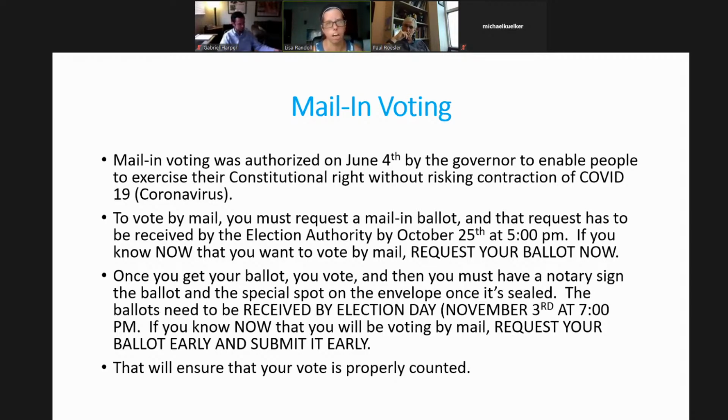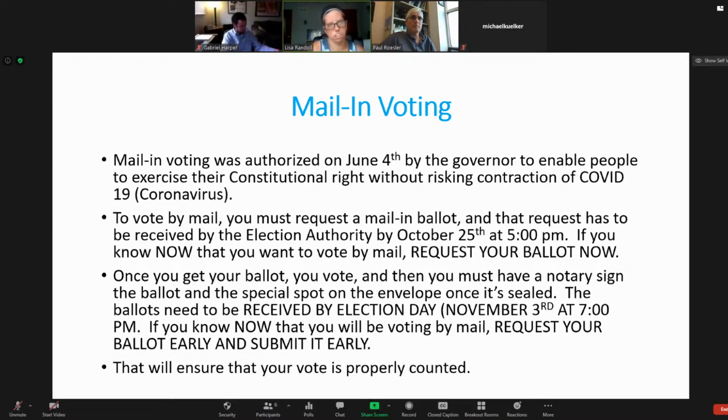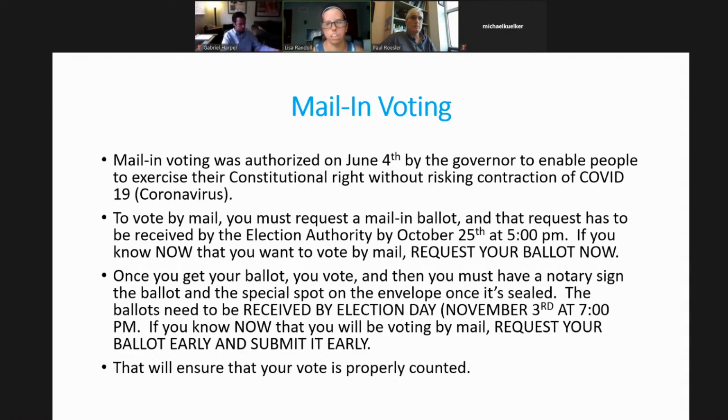Procrastination is always bad, but in this situation is particularly bad because the sooner you can vote, the more sure you can be that your vote gets to the election authority by election day's vote tally. Once you get your mail-in ballot, you vote, and then you must have a notary sign your ballot and sign the envelope. There are special places on both the actual ballot and the envelope where the notary has to sign.